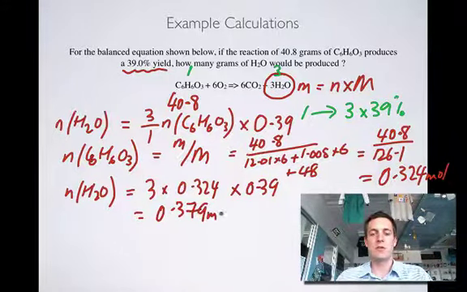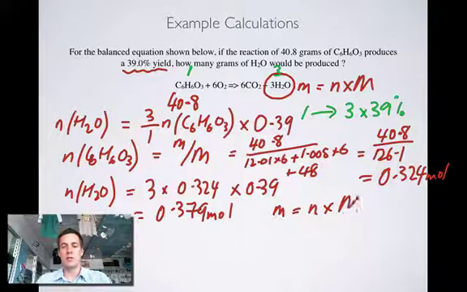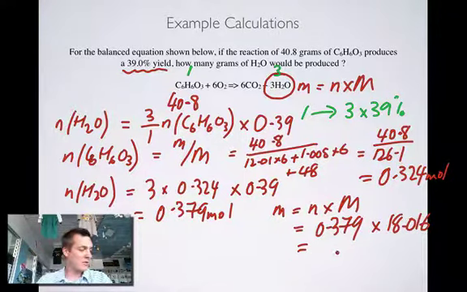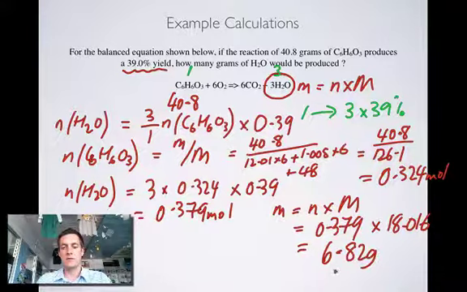But we're not asked to find the number of moles of water that form, but what mass. So the mass is equal to the number of moles times the molar mass, which equals 0.379 multiplied by 18.016 for water. I've just done that from memory because that's what happens when you do it a few times. You remember the molar mass of water, and that equals 6.82 grams.